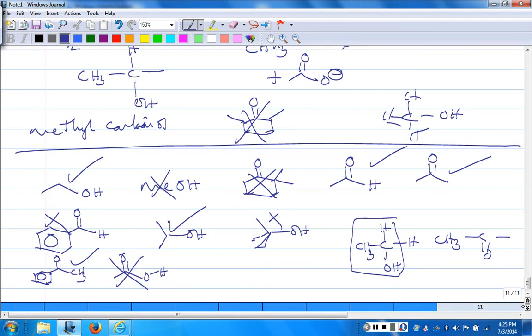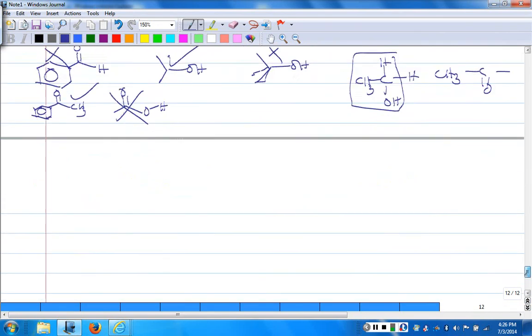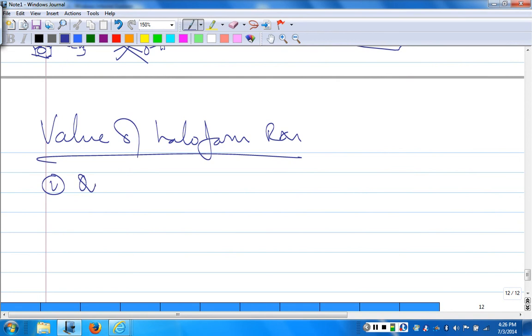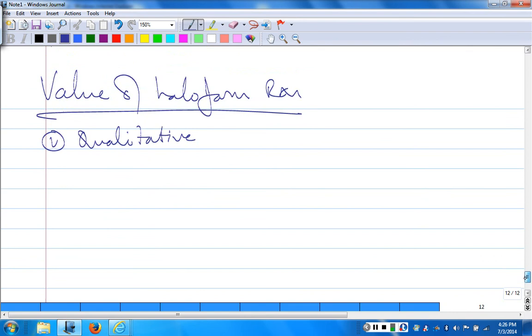Now, what is the value of the haloform reaction? So the value of the haloform reaction is twofold. One, it's qualitative. In other words, it allows us to identify the presence of certain substructures in my compound.